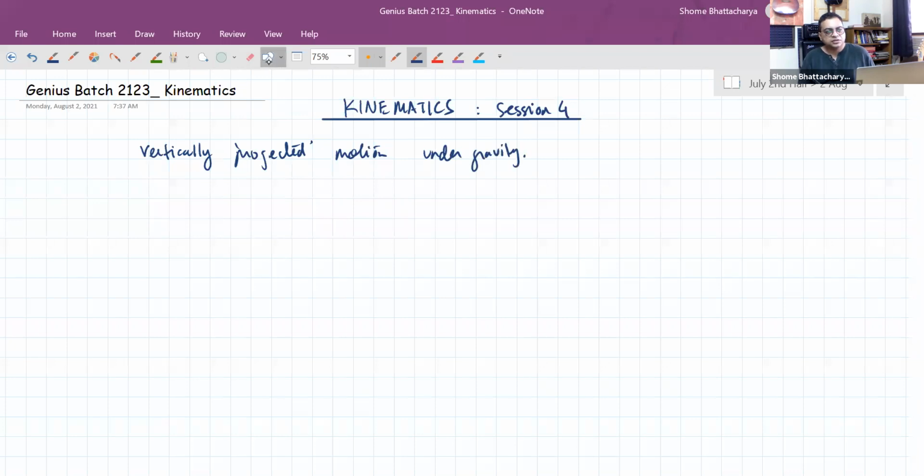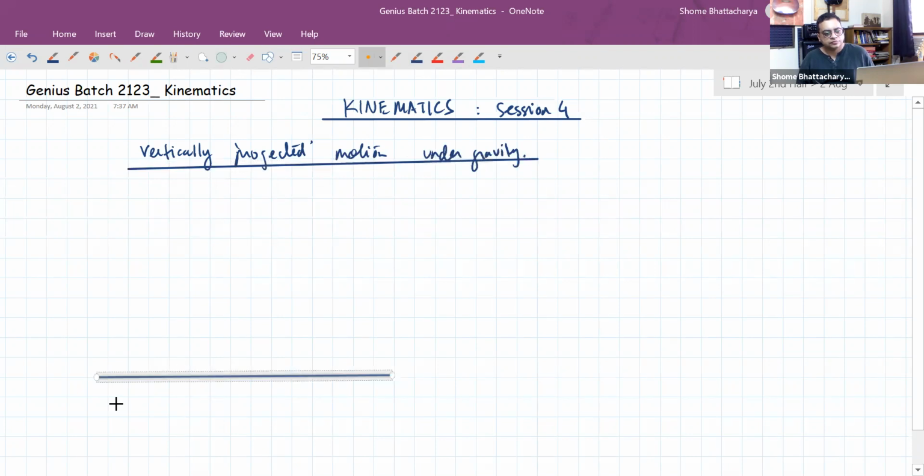If we project something vertically from the ground and it comes back to the ground, it has an ascent along this line, and when it reaches this point where velocity becomes 0, that is exactly half the total time of flight.